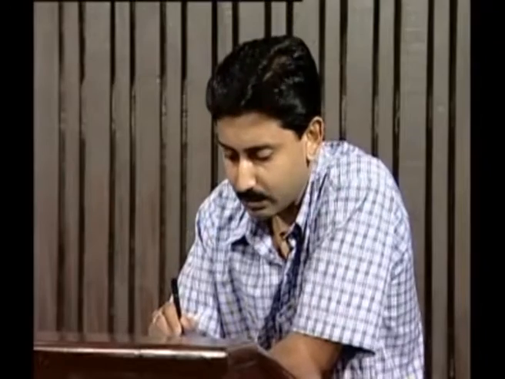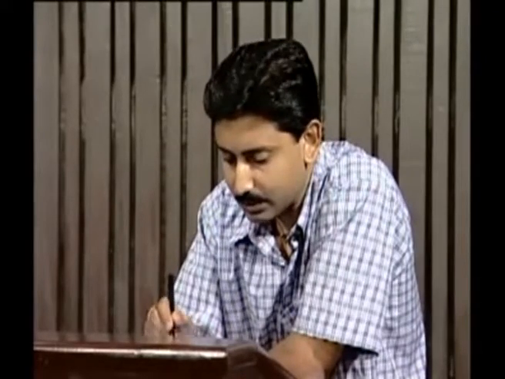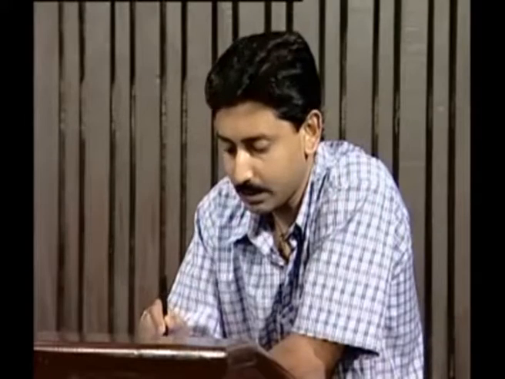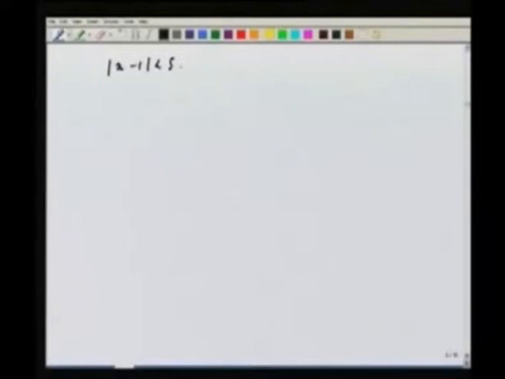So let us take an x such that mod of x minus 1 is less than delta, which is less than 1. Okay, delta is less than both these quantities. Fantastic.